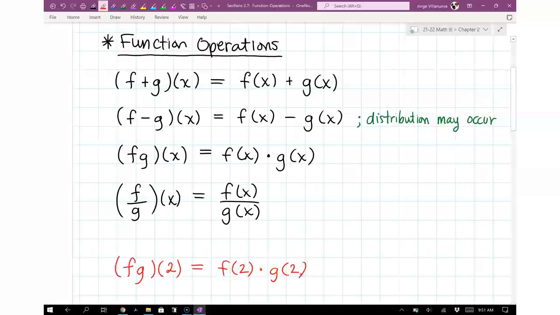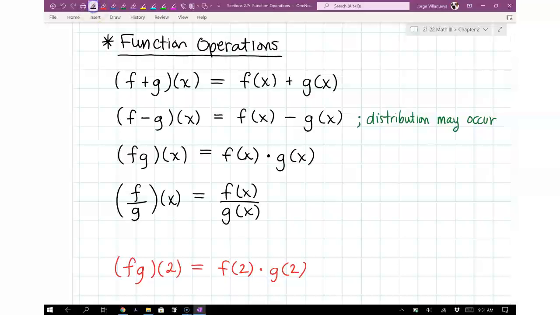So you'll figure out what f of 2 is, what g of 2 is, and then multiply those numbers. You'll see numbers getting used every once in a while, and it doesn't make the problems any more difficult. If anything, plugging in numbers makes the problems easier because you can simplify quicker.